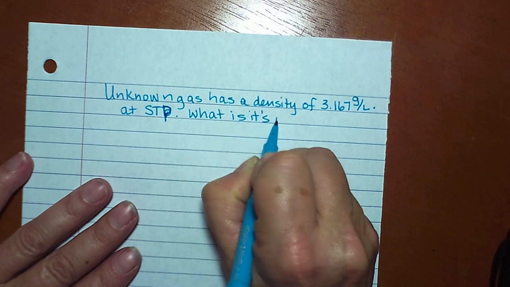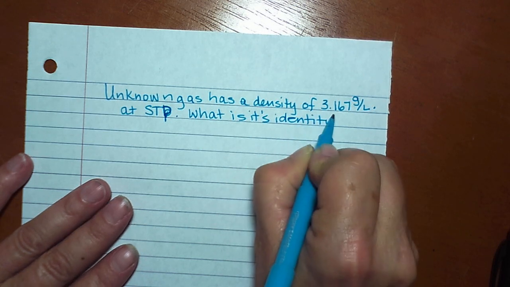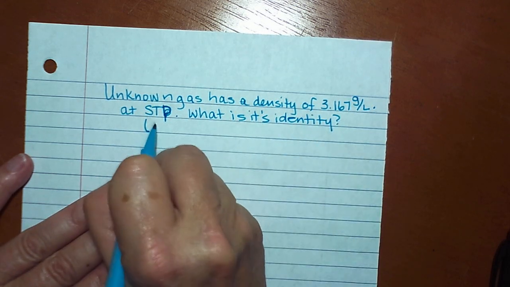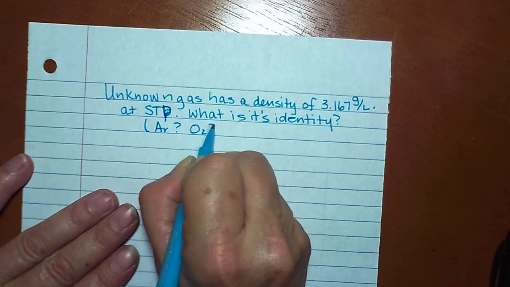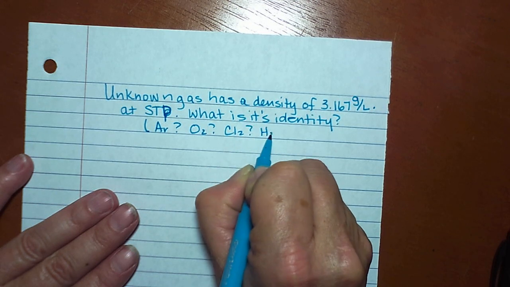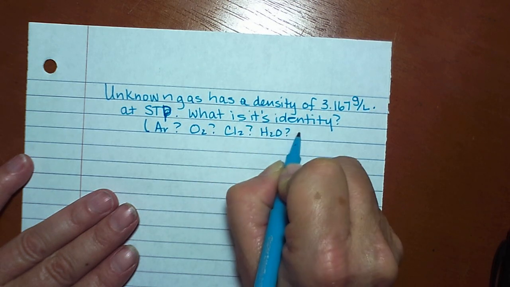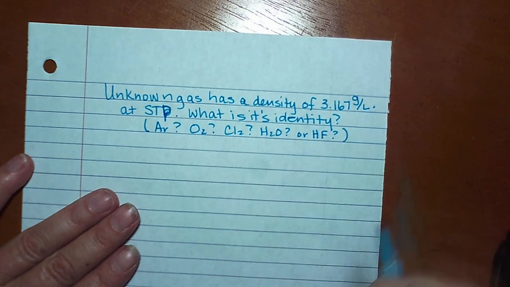Now, I'm going to give you a couple suggestions, all right? And we're going to try and match it. Is it argon, O2, Cl2, H2O, or HF? So these are your choices, all right?